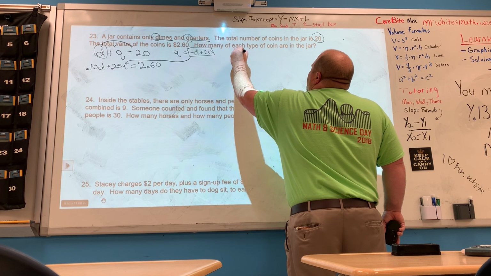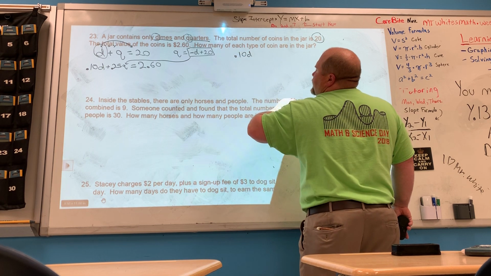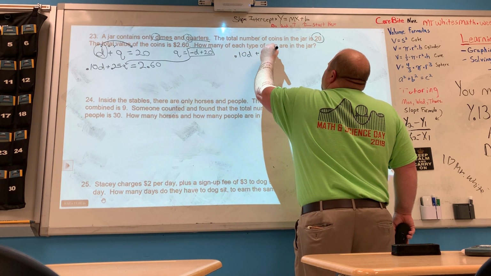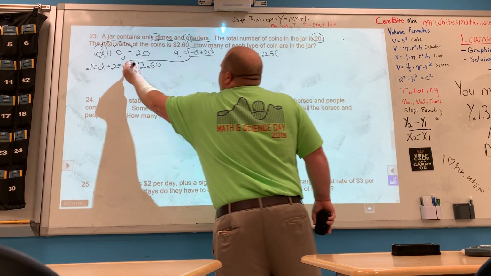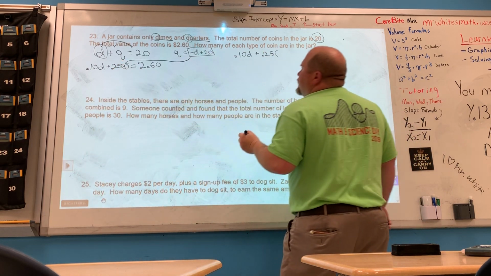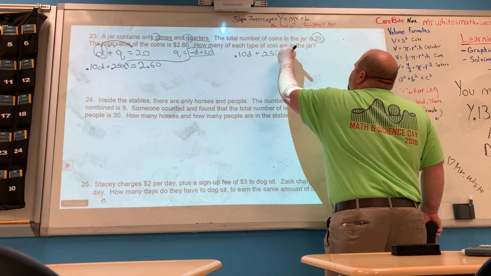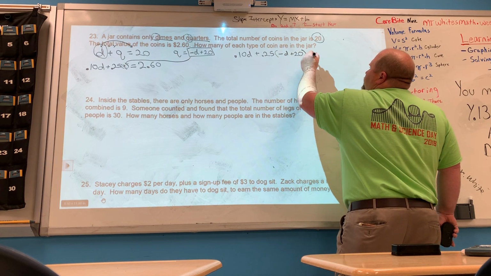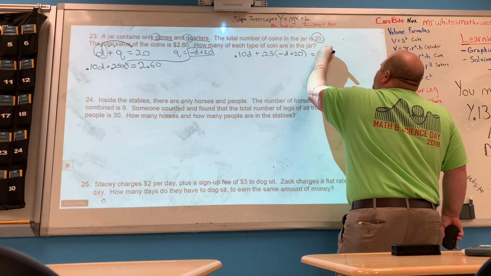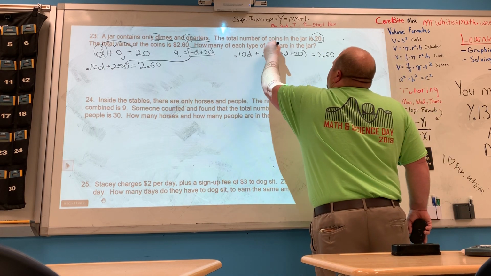So 0.10d plus 0.25, but then parentheses come in right here because it's being multiplied times that whole term. Negative d plus 20, close parentheses, equals 260. So I've got to distribute right here.